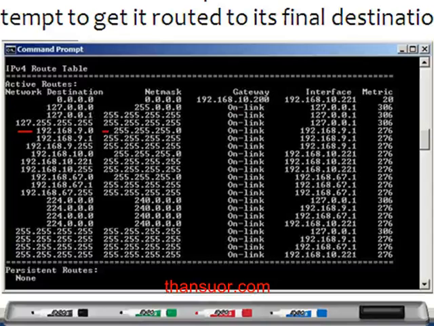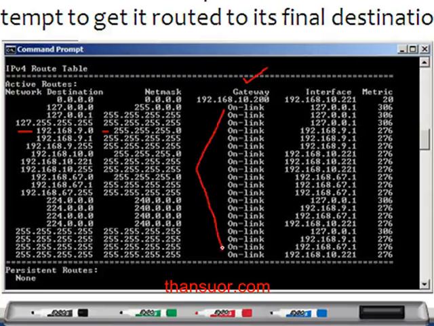Now from there, the next column is the gateway column. Now the gateway column, and this is kind of confusing with the picture that I have here, but the gateway column is going to express what IP address I'm going to forward this particular packet onto. And you'll notice here the top one has 192.168.10.200, and the rest of these say on link.